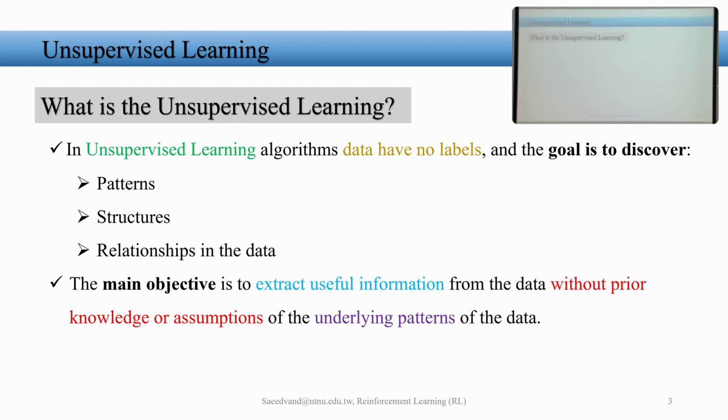So now, let's start to answering what is the unsupervised learning. As I mentioned at the beginning, we have algorithms that try to deal with some data that we don't have any label for that. So we don't say, like, we have lots of patients, for example, we don't know they have heart attack chance or they don't have.